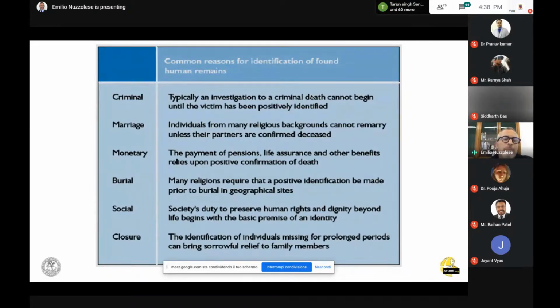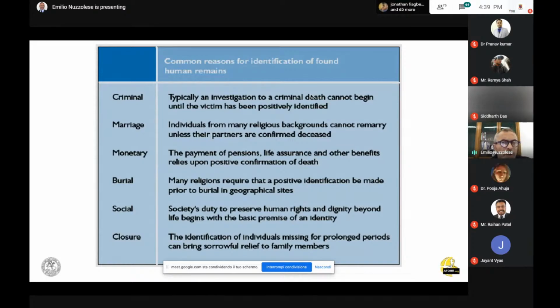If you have, for example, an insurance premium, you cannot collect any reward because the person is not dead, is missing, and so many other aspects, in particular the social and the religious and the human rights aspects.